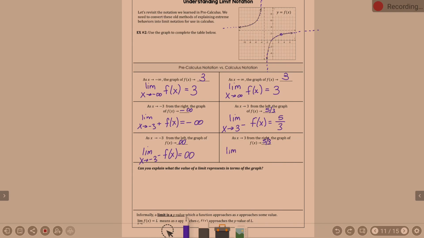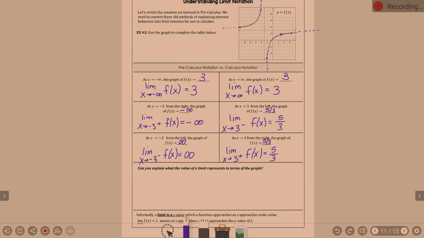So the limit as x approaches 3 from the right, so plus, of f of x is equal to 5/3. Okay? We're going to practice a lot of reading limits, looking at a graph and understanding how to answer the question. Honestly, relatively easy, but it's the learning curve that you have to get past here. Easy once you understand it.